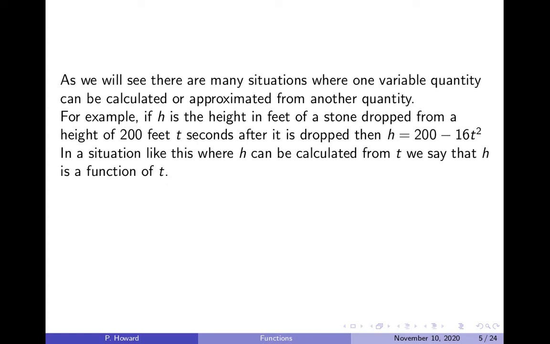In a situation like this, where h can be calculated from t, we usually say that h is a function of t. And we might write h of t is equal to 200 minus 16t squared to indicate that h is a function of t.